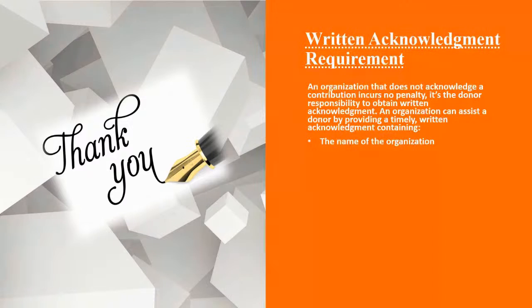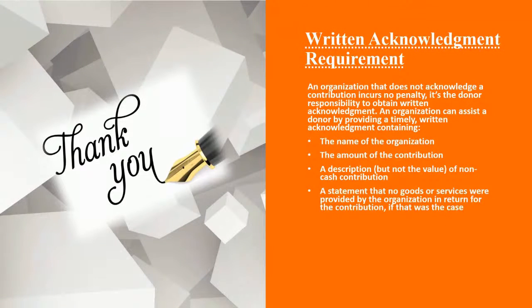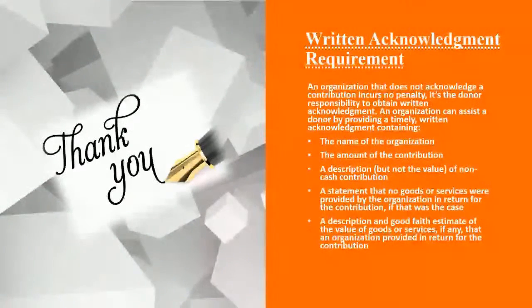This is what the IRS says that you must have in the letter: the name of the organization, the amount of the contribution, a description, but not the value, and I'm going to explain that, of non-cash contributions, a statement that no goods or services were provided by the organization in return for the contribution, if that was the case, and a description and good faith estimate of the value of goods or services, if any, that an organization provides in return for the contribution.